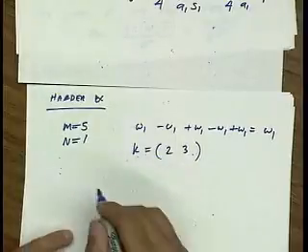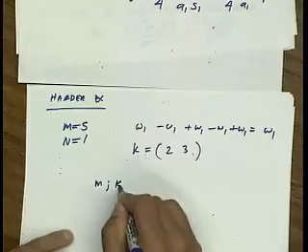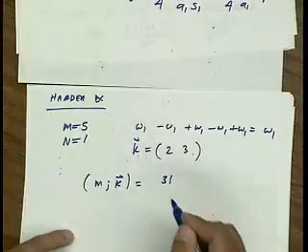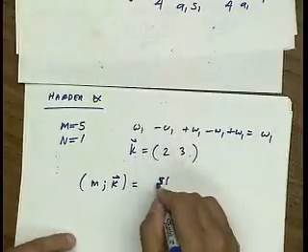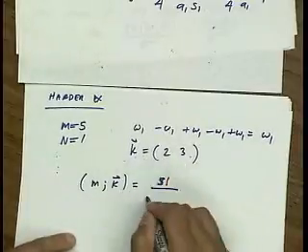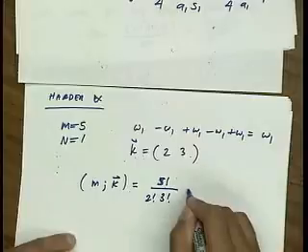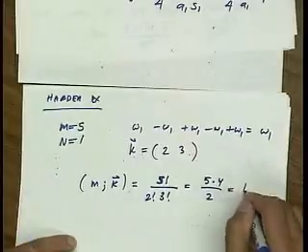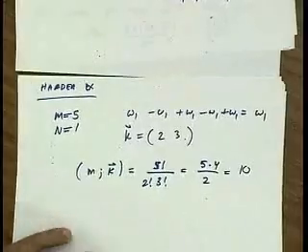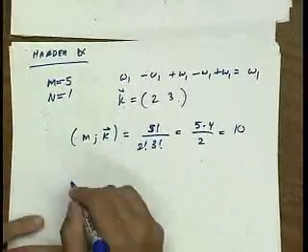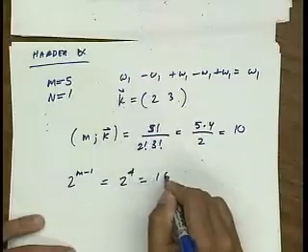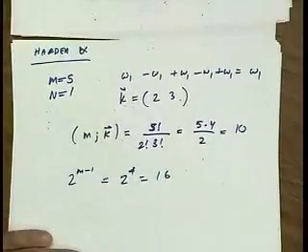Okay. And so now if I do m choose k vector, that's 5 factorial divided by 2 factorial, 3 factorial. So that's 5 times 4 divided by 2, or 10. Okay. And then 2 to the m minus 1 is 2 to the 4th, which is 16. Right?